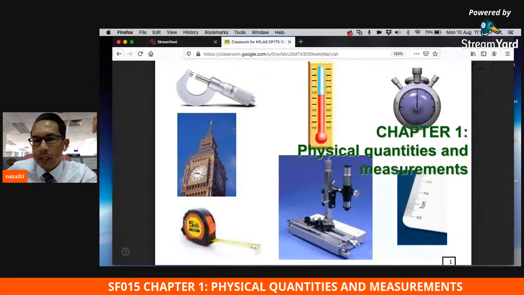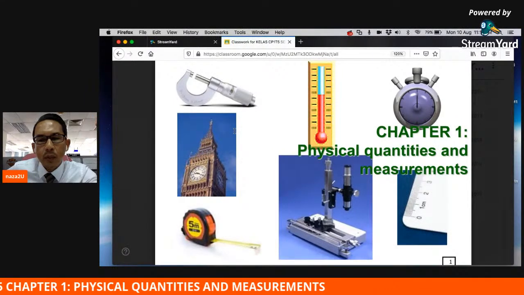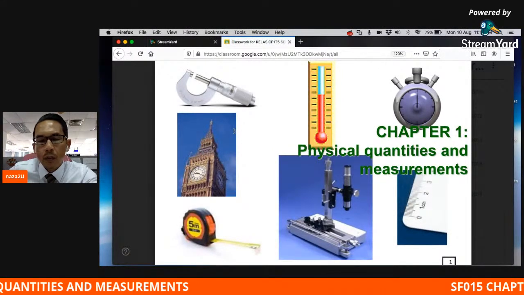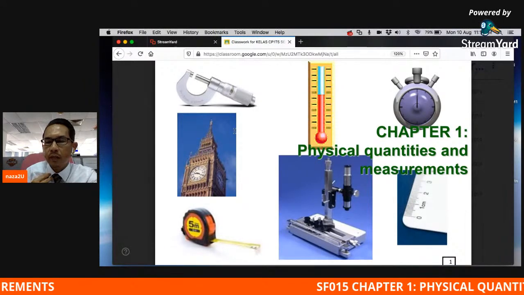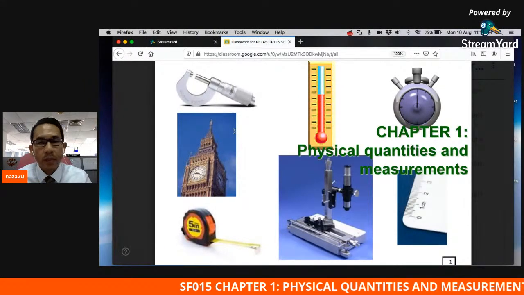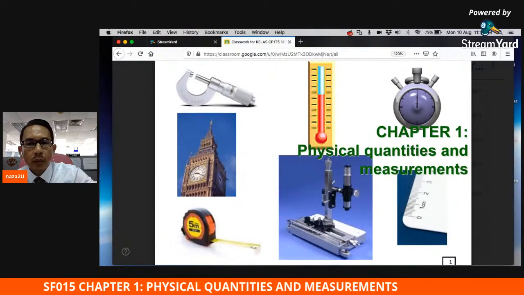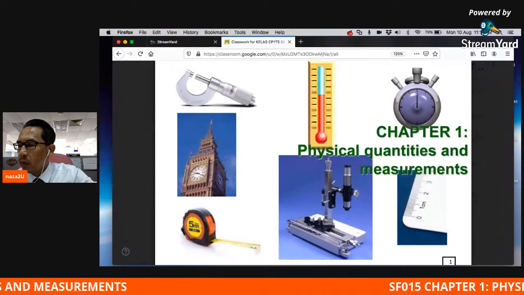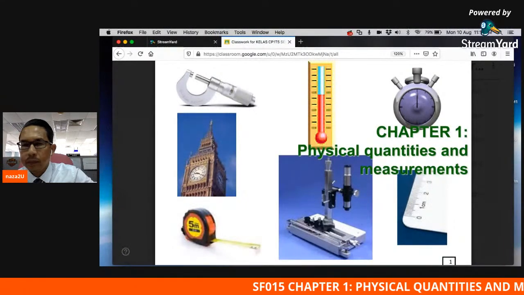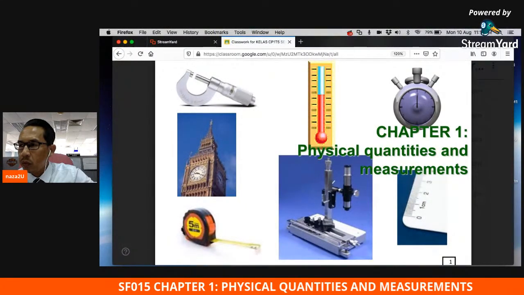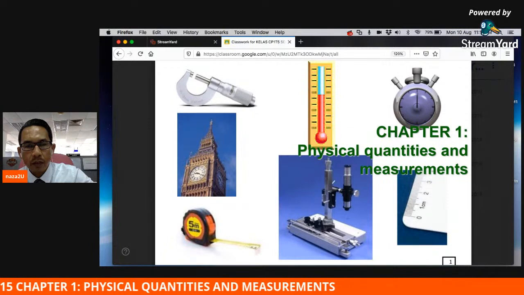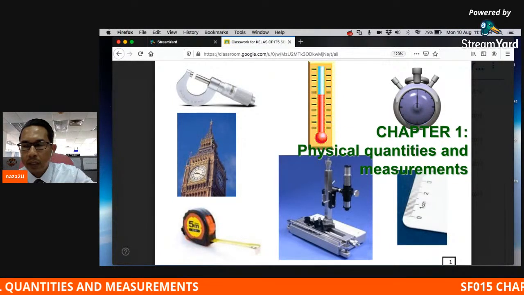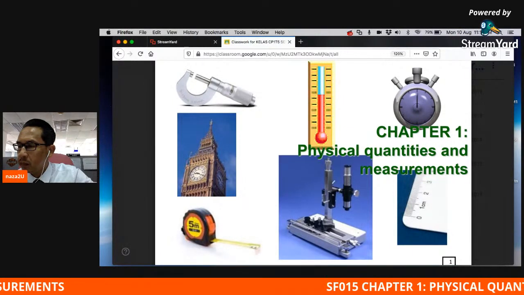Okay, untuk yang lecture, first chapter untuk SF015, chapter 1 is physical quantity and measurement. Kalau kamu ada masalah, kamu boleh tulis dekat ruangan komen tu ya. So nota kamu sudah ada ke? Lecture note untuk yang chapter 1 ini.